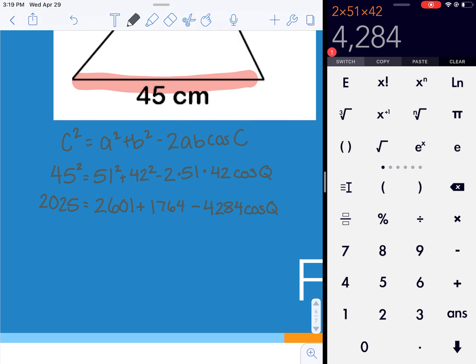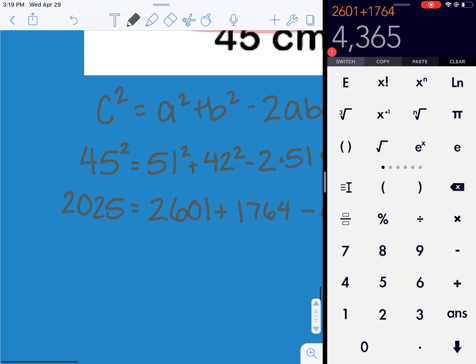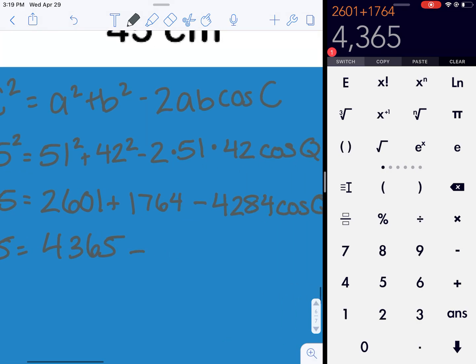Okay, so I'm going to do that. So I'm going to do 2,601 plus 1,764. Clean up my work just a little bit. So I have 2,025 equals 4,365 minus 4,284 times the cosine of Q.